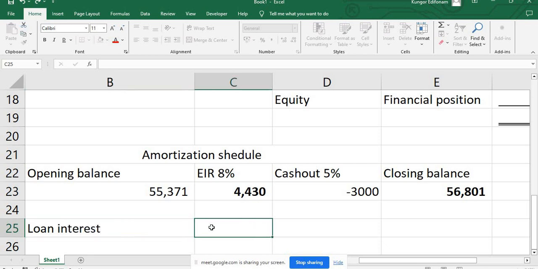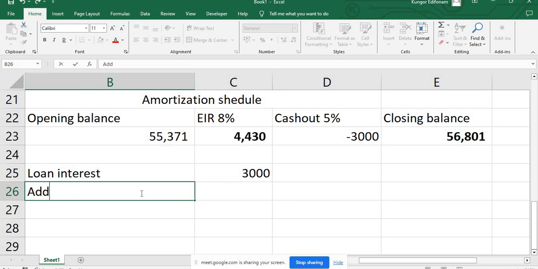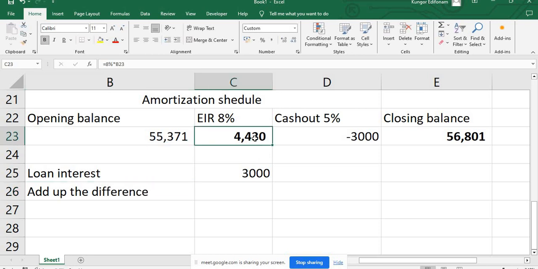But they reported only, so the loan interest reported was what? 3,000. Which means that we need to add up the difference. We should have reported 4,430, but they reported only 3,000. Since they reported only 3,000, we need to now put in the excess.